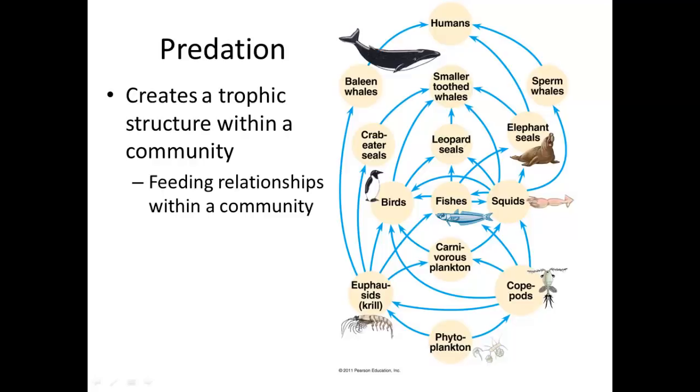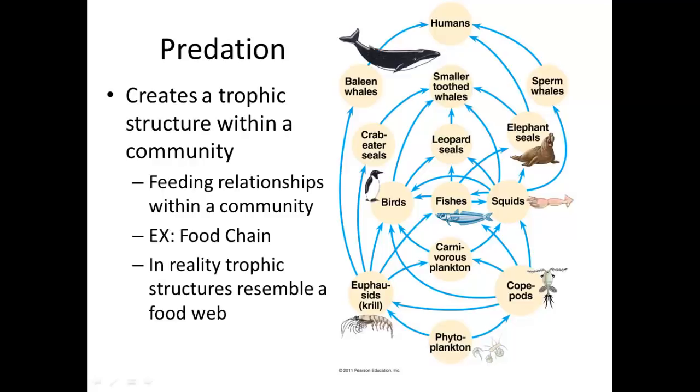And you may have learned this in grade school as a food chain, but in reality it's more like a food web, because not every species just eats one thing that eats one thing that eats another thing, right? They actually eat a variety of things depending on what's available, which eats a variety of things, and so it creates this web, this complex interaction.